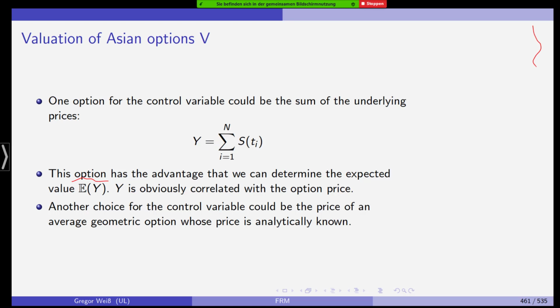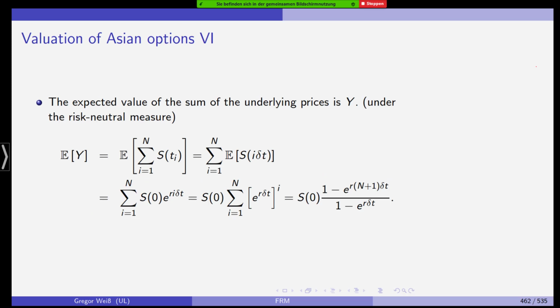We could also use the price of an average geometric option, but we use the sum, and the expected value of the sum of the underlying prices is Y, and if we calculate this, we get this expression here.